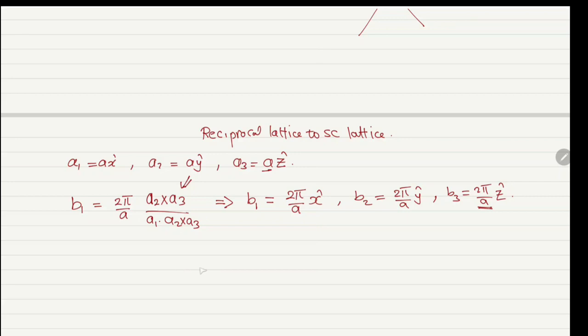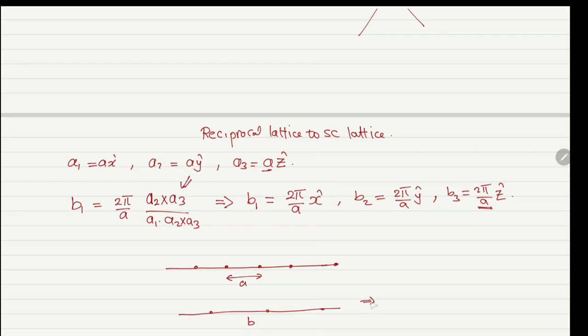Now, if we have a group of atoms in one dimension here, this is a here. Now, in reciprocal space, this is b.